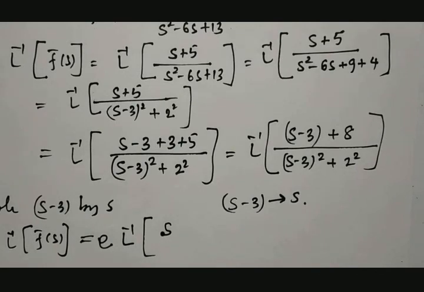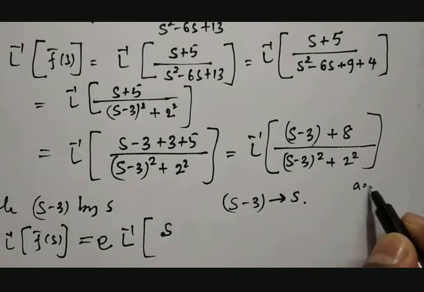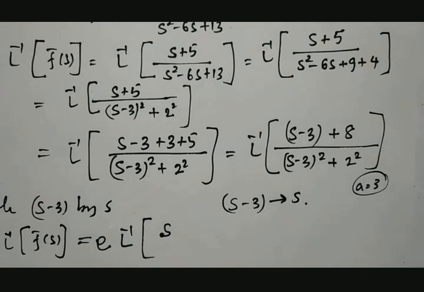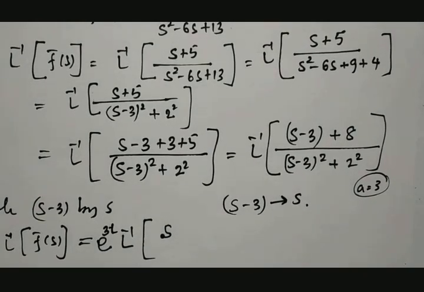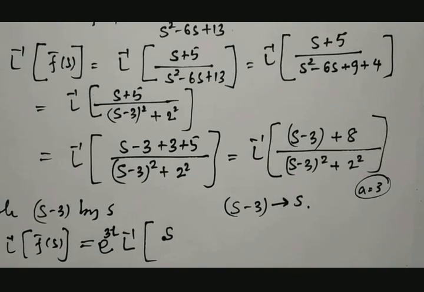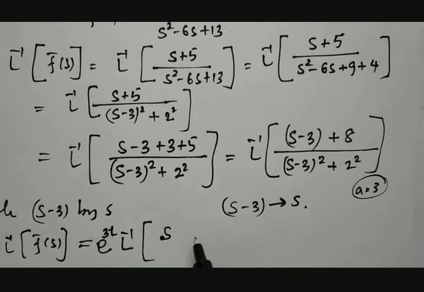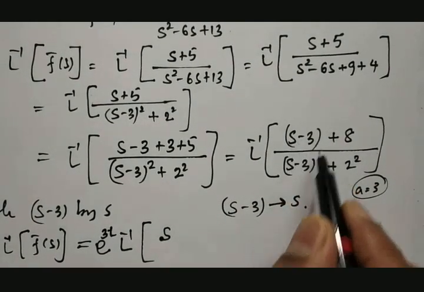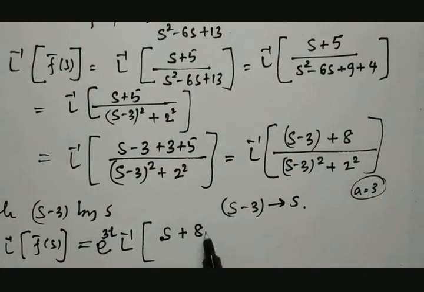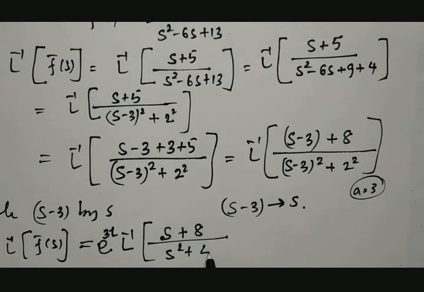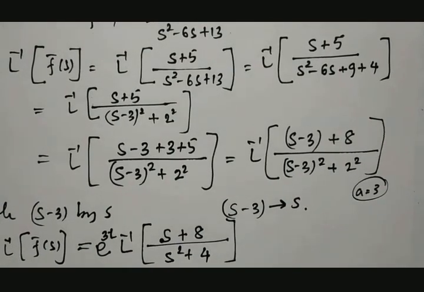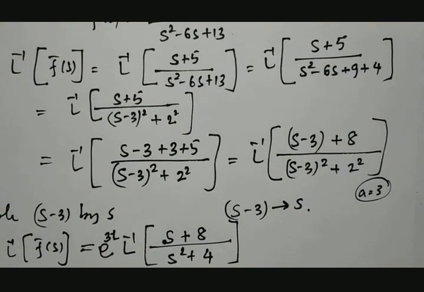What is that exponential term? In this case, a is equal to what? 3. Therefore, it is e raised to 3t. Understood? e raised to 3t into whatever it is, s minus 3 is being replaced by s, then plus 8 divided by s square plus 4. Fine, s square plus 4.